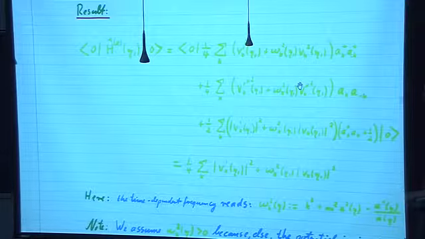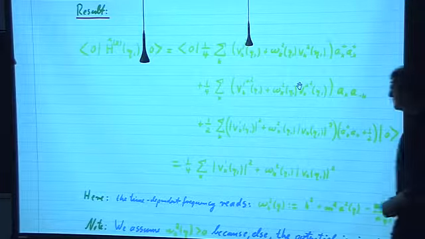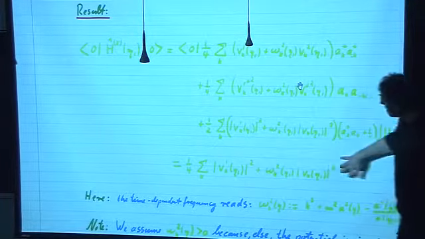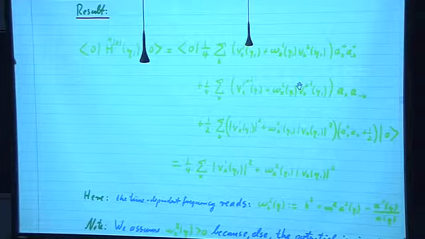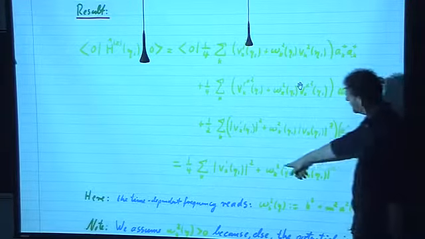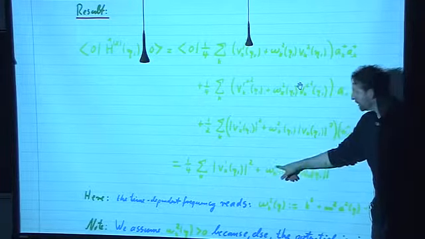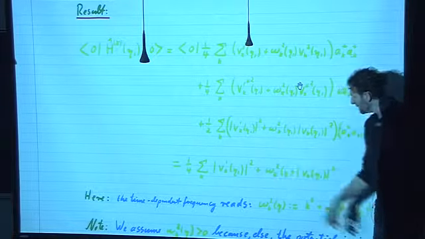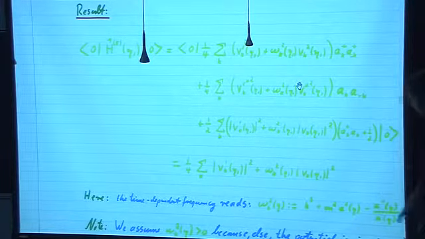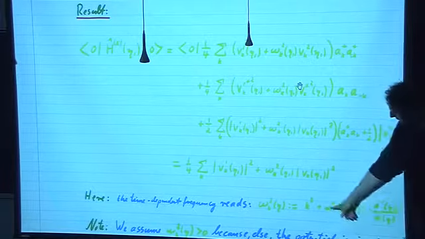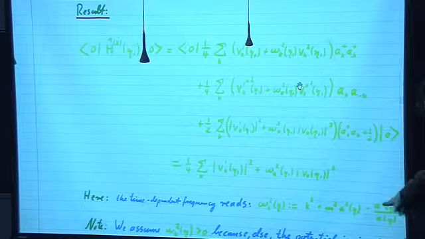So the energy expectation value is given by this expression, where omega k squared is the frequency squared of the harmonic oscillator of the mode k, and it comes out to be k squared plus m squared a squared of eta minus this thing.